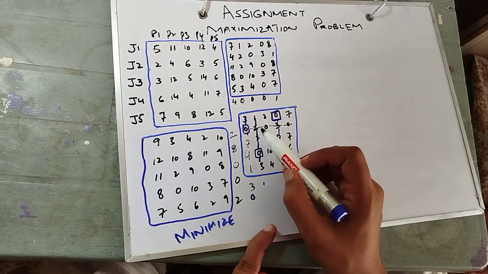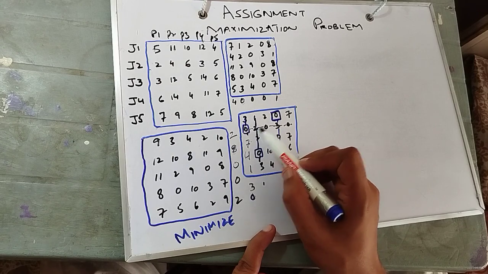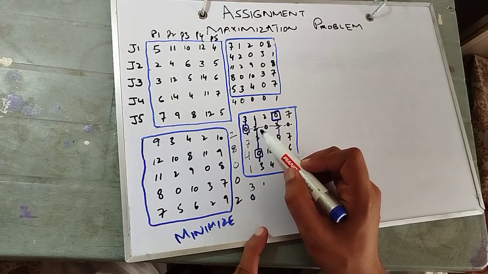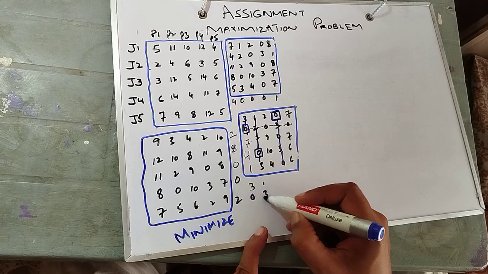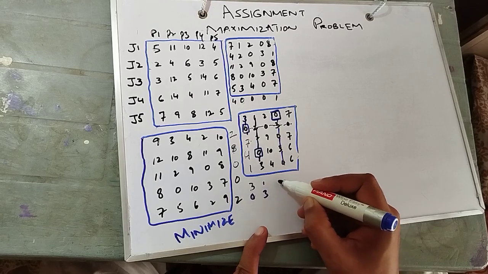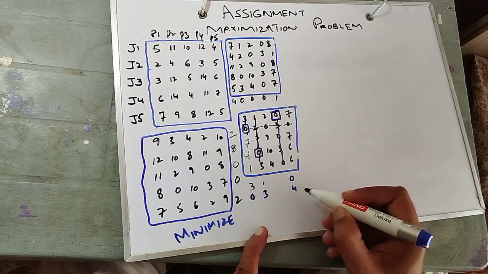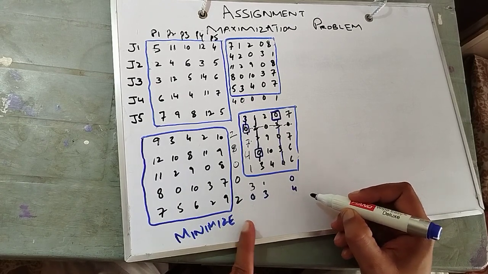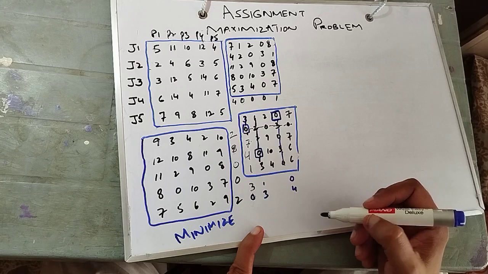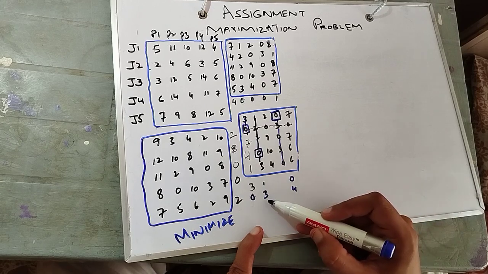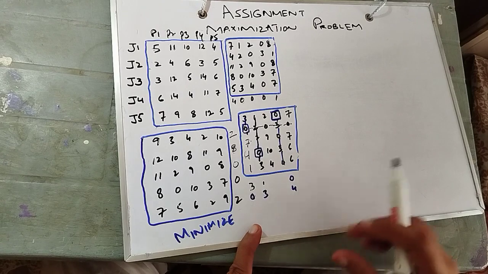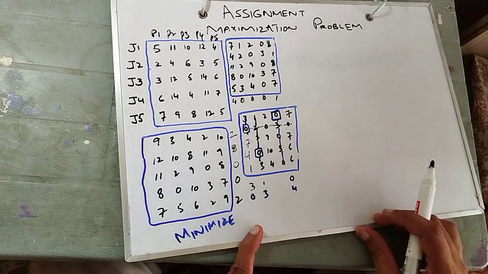All the elements which are at the intersection will be increased by 1. So 3, 0, 4. These were the elements which were intersected. 3 was the element which was intersected, and 4 was the element which was intersected.